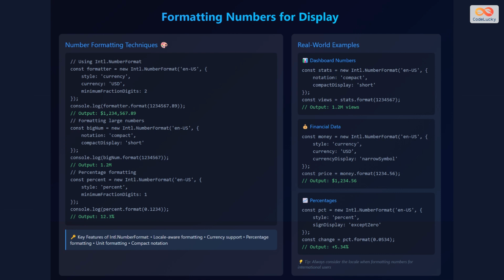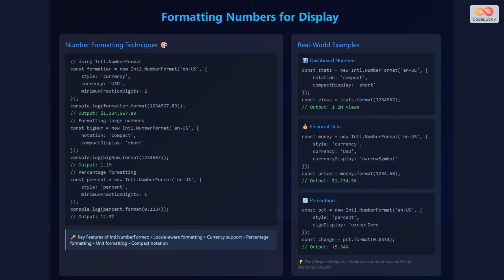JavaScript provides the Intl.NumberFormat object for formatting numbers for display. This provides locale-aware formatting, currency, percentage, unit, and compact notation support. For example, the number 1,234,567.89 can be formatted to currency using the en-US locale and USD currency, resulting in $1,234,567.89.